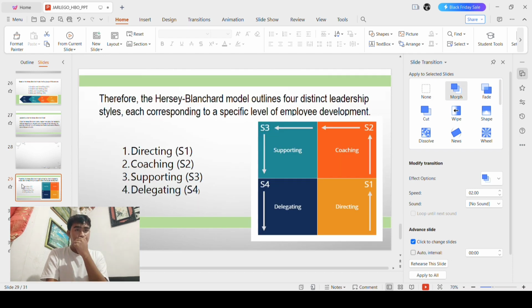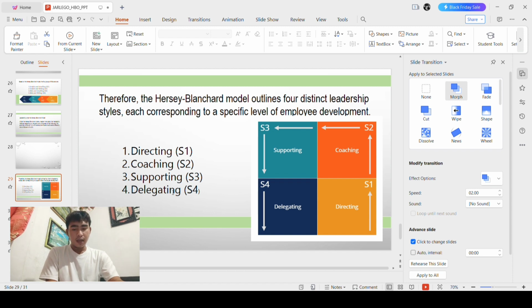So therefore, the Hersey-Blanchard model outlines four distinct leadership styles, each corresponding to a specific level of employee development. The directing, S1; the coaching, S2; supporting, S3; and then delegating, S4.